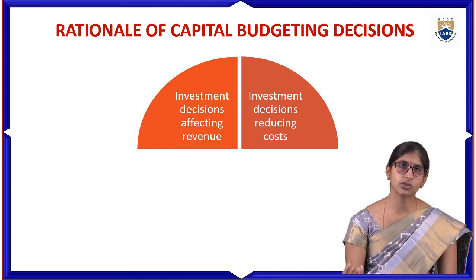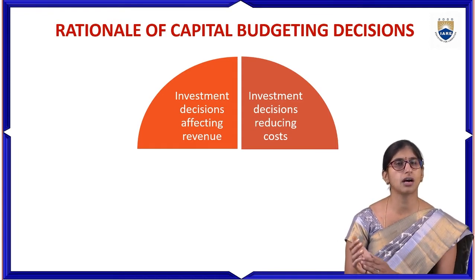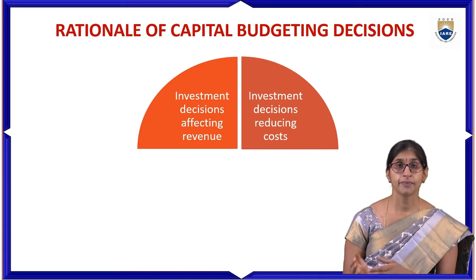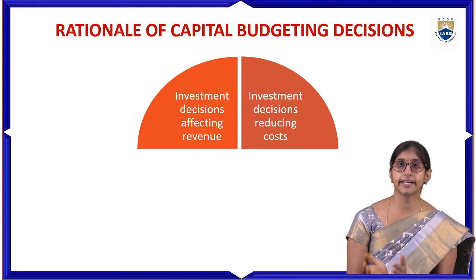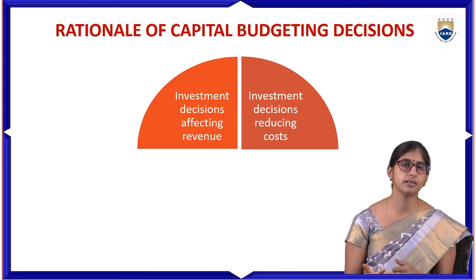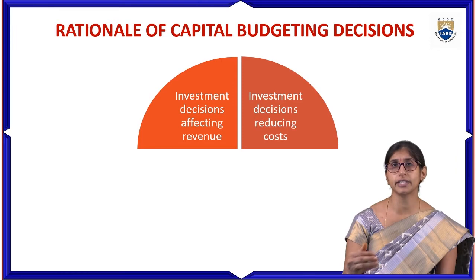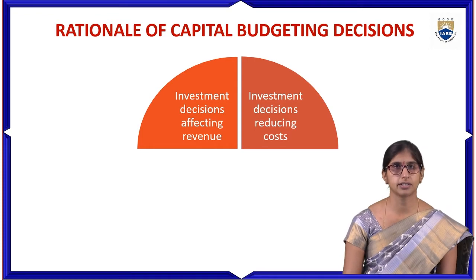According to the reduction of the cost, and how much the associated cost can be controlled, it will impact the revenue and increase the profit of the project. So based on the reduction of the cost also, we consider it a capital budgeting decision.